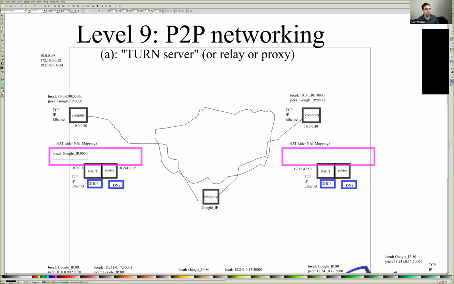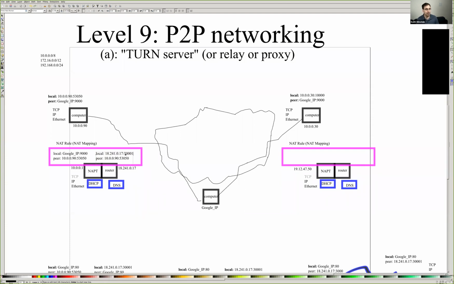So the local address here is Google IP port 9000. The peer address is 10.0.0.90, port 3050. That's on one side of the mapping. And then what's on the other side of the mapping? The local address is the public address 18.241.0.17.